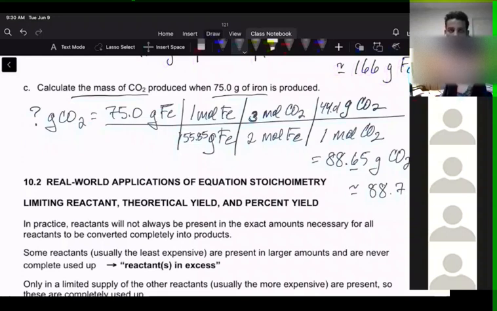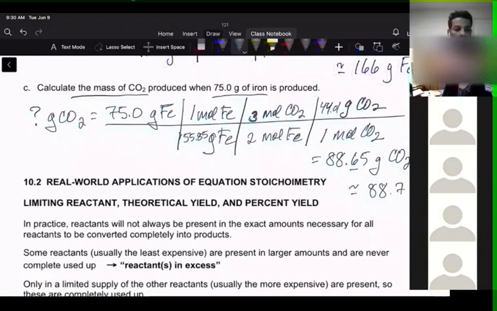So when we have a chemical equation, it's very rare that we have just the perfect amounts all together. Usually there will be one reactant that is limiting. If you have one thing that limits the calculation, then everything else will usually be in excess. So maybe you only have 1 cup of sugar. That means you're not going to make enough cookies to use up all the flour, right?